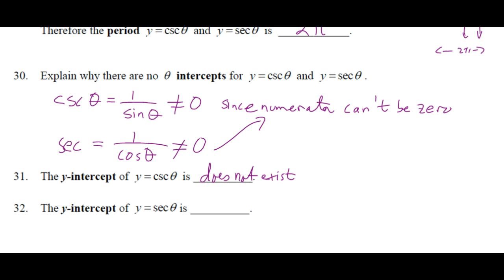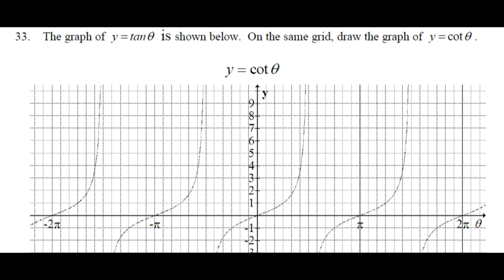There's a vertical asymptote on the y-axis, so there is no y-intercept. You can't get there. What's the y-intercept of secant? 1. Secant is the reciprocal of cos, and the cos of 0 is 1. Cosecant is the reciprocal of sine, the sine of 0 is 0, and the reciprocal of that does not exist. Can't do that.